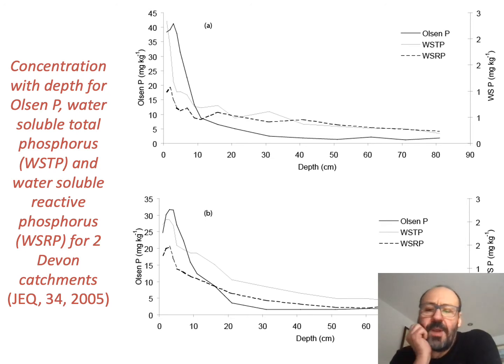So really making the point that there's a lot of P sat at the surface of soils, and remember that point when we come to talk about the later parts of the lecture, when we're thinking about transfers to water, because that makes it very vulnerable if there's a lot of it close to the surface where we have the runoff going on.